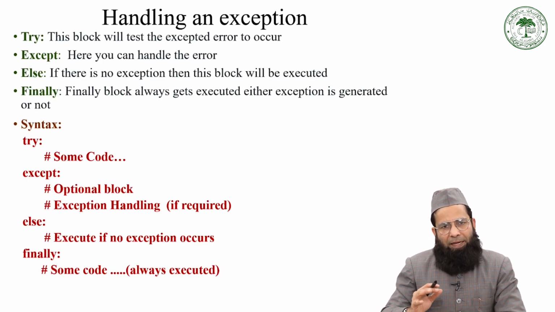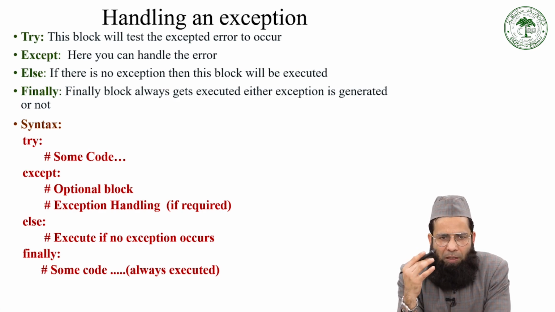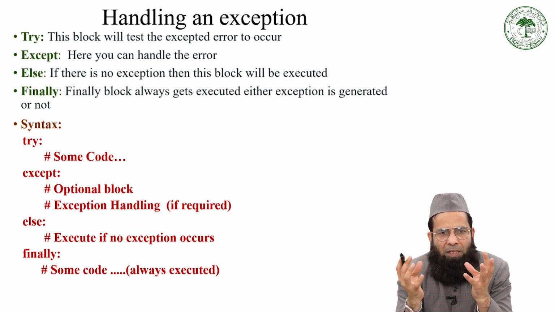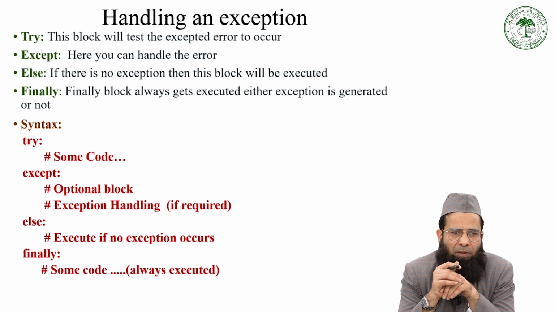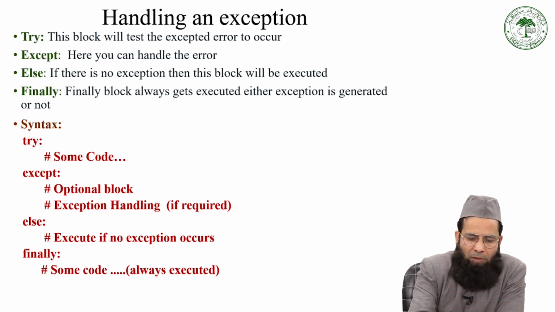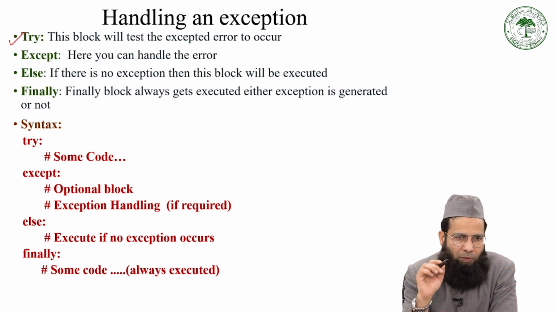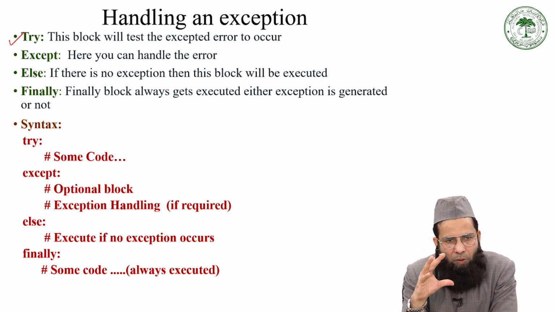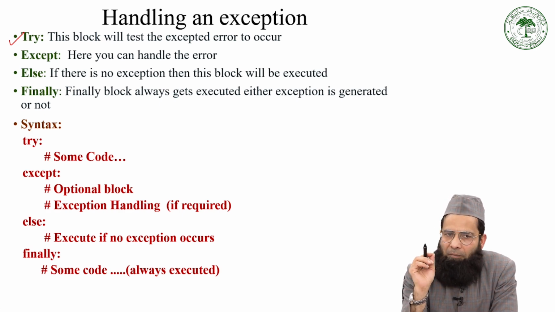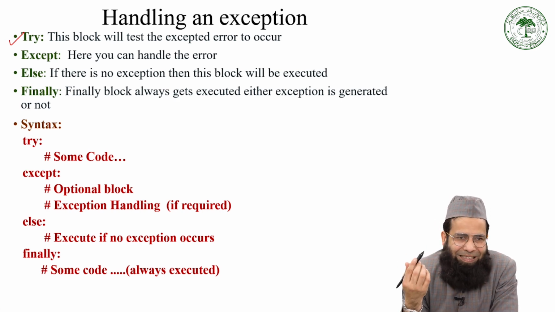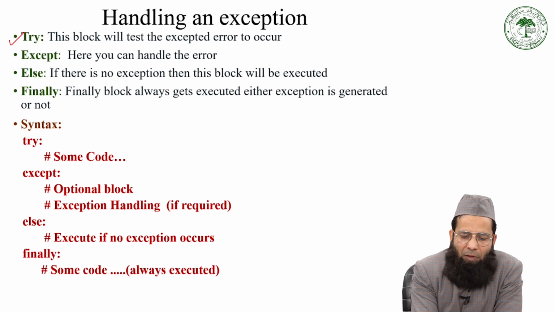So finally, I'm clubbing all those constructs of exception. The try block is where we include code that may generate an exception; this block will test for the expected error to occur. What about except?